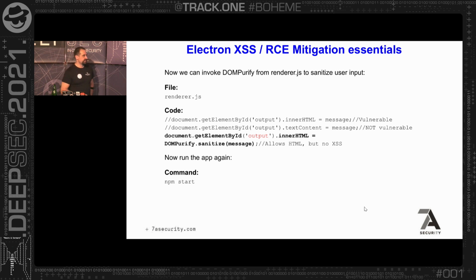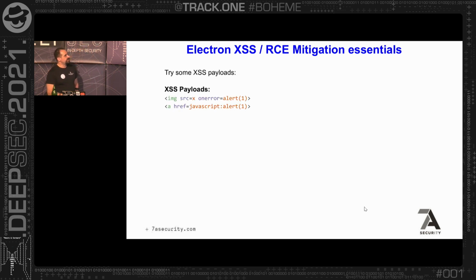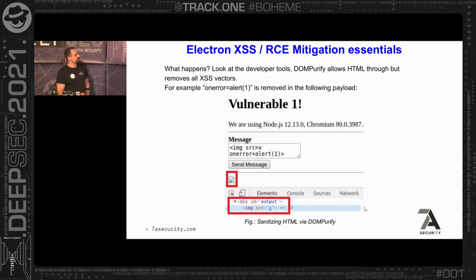So it will be kind of the strongest defense, where you still allow some HTML, but you're not wide open to XSS, right? So when you do npm start of this, after you close the app, do npm start again, and then you can try some payloads like this. You will notice that the actual XSS is removed by the library, and then you are no longer vulnerable, right?